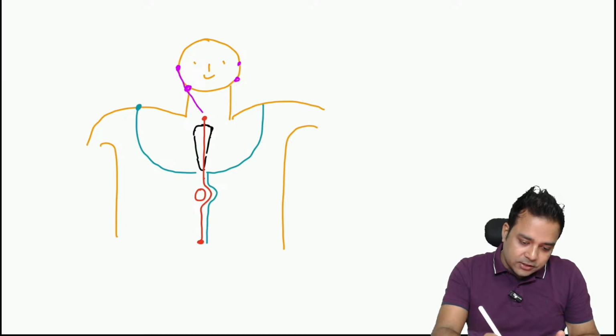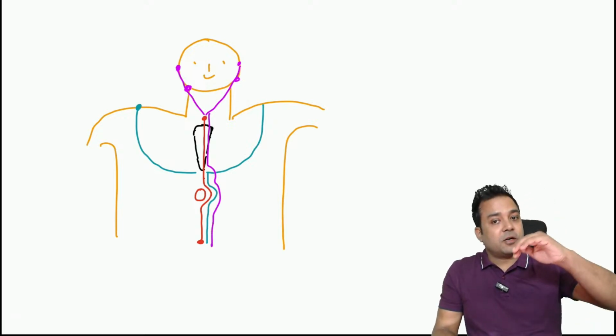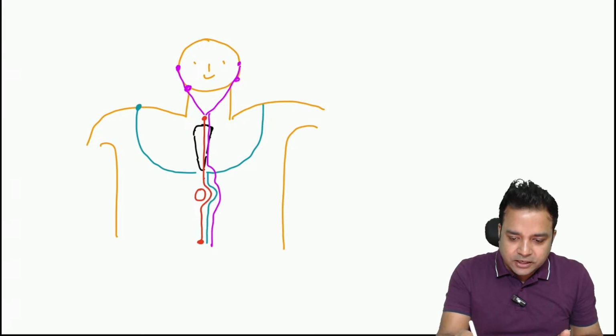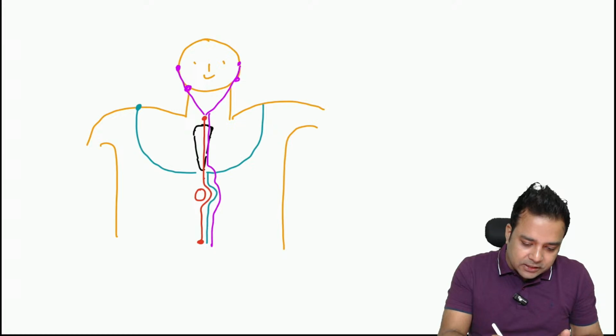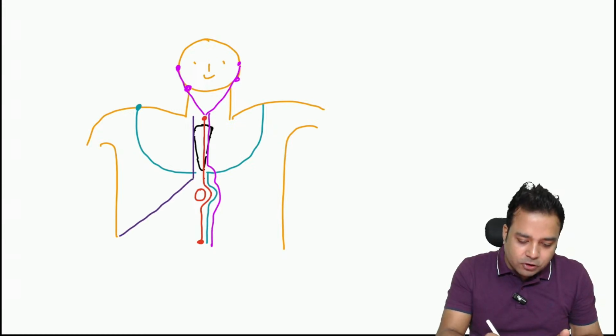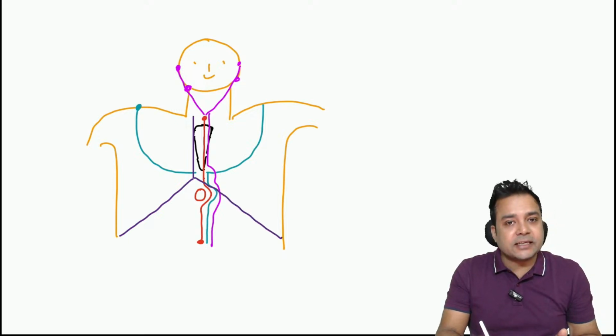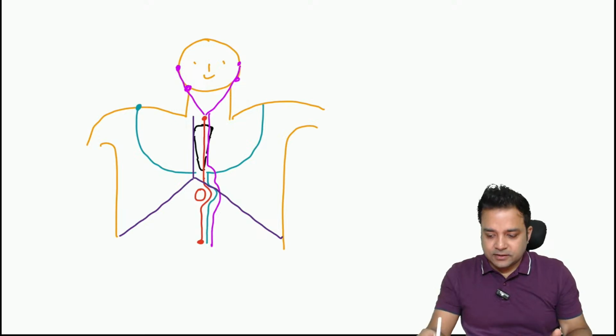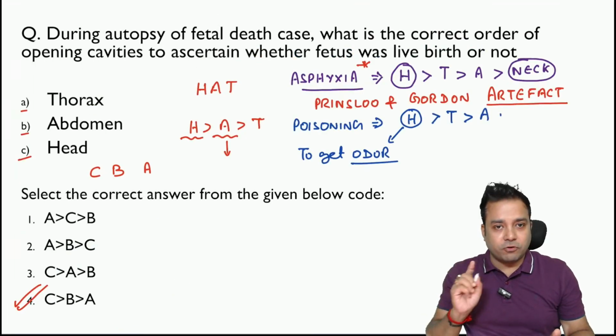Then we reach till the sternal notch and then go vertically till the pubis. This becomes the modified Y, used for asphyxial deaths. And then comes the inverted Y, where I start from the sternal notch area itself, go till above the umbilicus and then go laterally to both ASIS or mid-inguinal points. This is used for fetal deaths. Clear? All the four autopsy incisions.